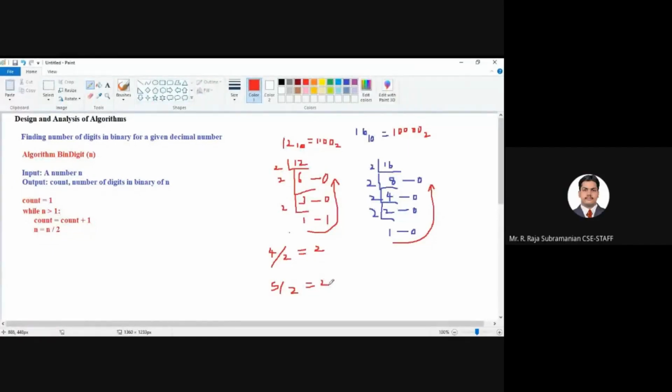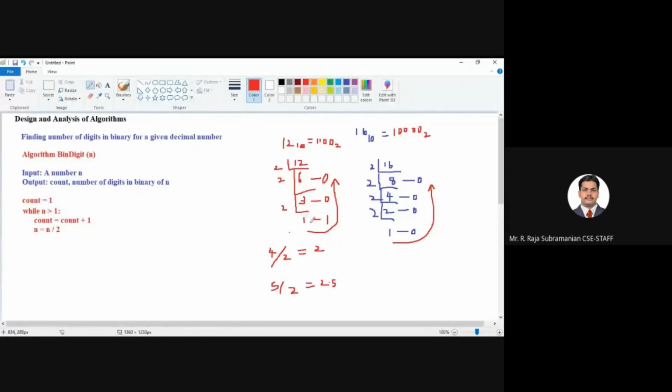When it is in Python, the data type changes with respect to the operation. So 5 by 2 will give me 2.5. It becomes a floating point number, right? You see here, I'm having the number 3. When I divide 3 by 2, it is giving me a result 1, it is not giving me 1.5.